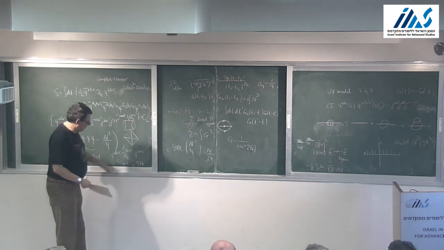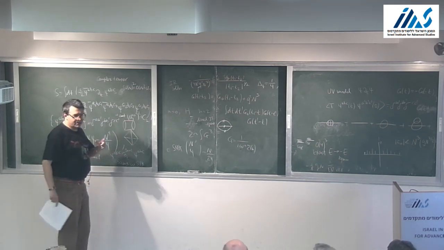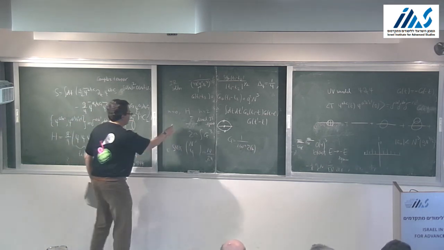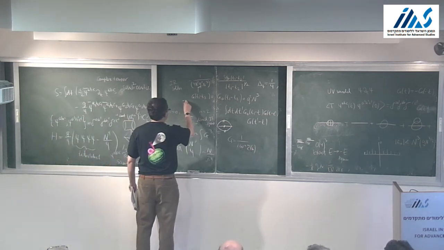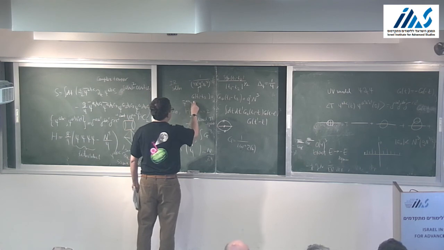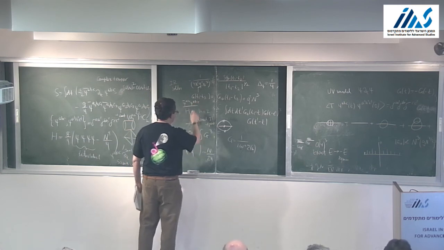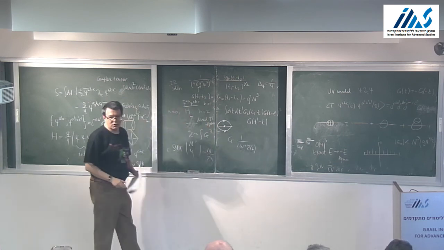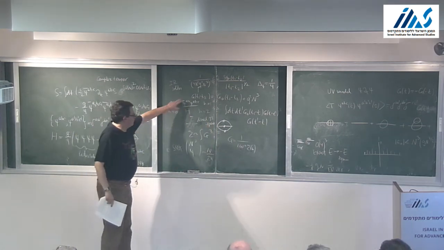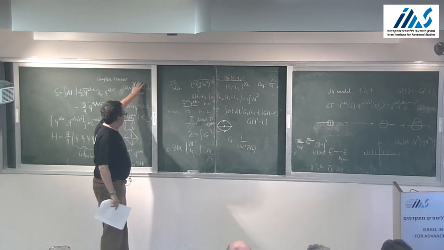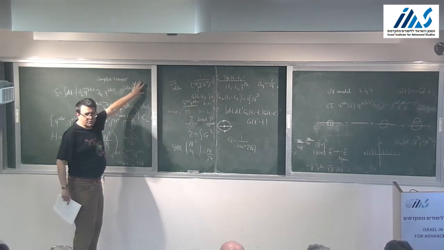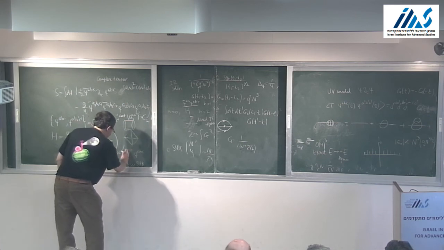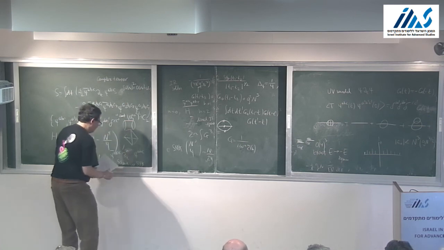And this one also has these even and odd sectors. So in addition to this special operator, there is also this psi bar ABC, psi ABC mode, which is also protected and has h equal 1. So this has a richer set of operators, right? Now you can have any integer here.